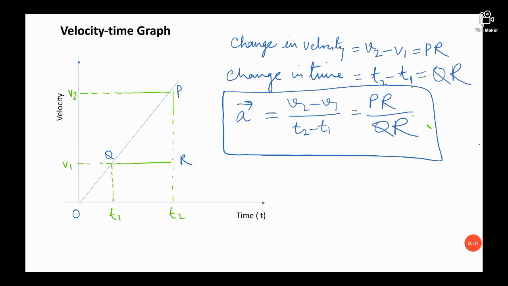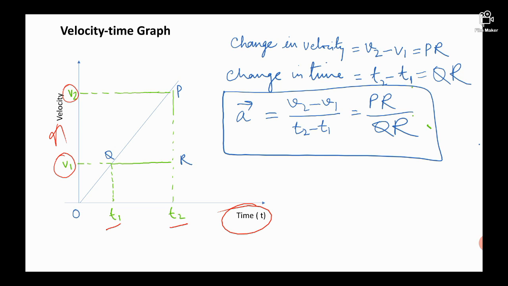In a velocity time graph, we plot changes in velocity with respect to time. Here, slope represents acceleration. It's a straight line, so it's uniform acceleration. In this graph, an object changes its velocity from v1 to v2 over a period of time from t1 to t2.